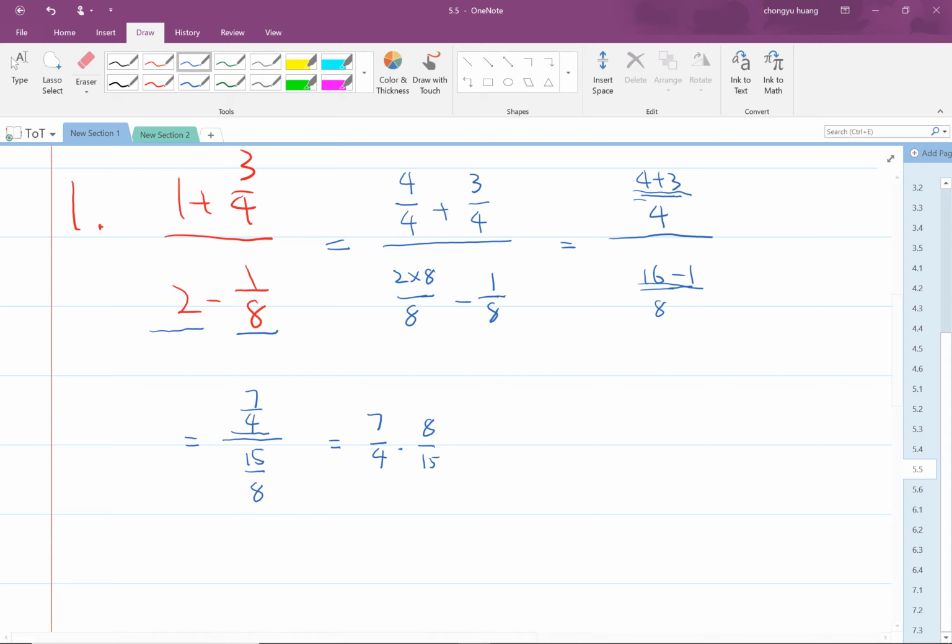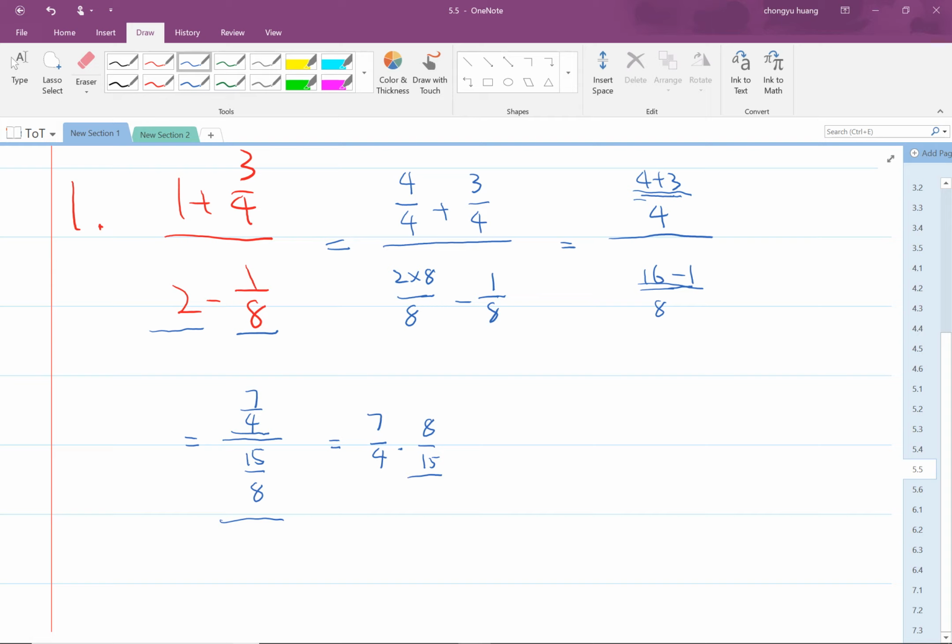So that's why you can see I flipped it. Over here what we have is 15 over 8. I reversed it, and then it becomes 8 over 15.